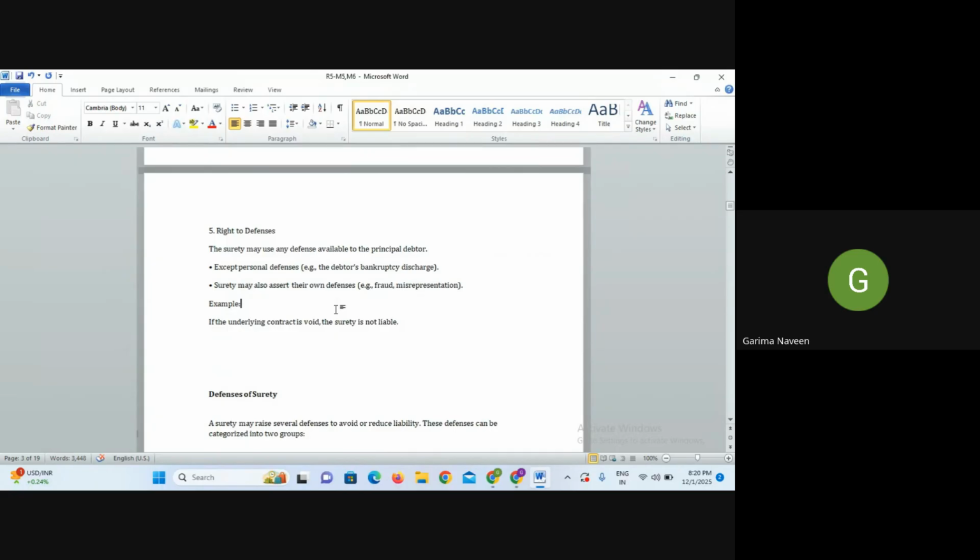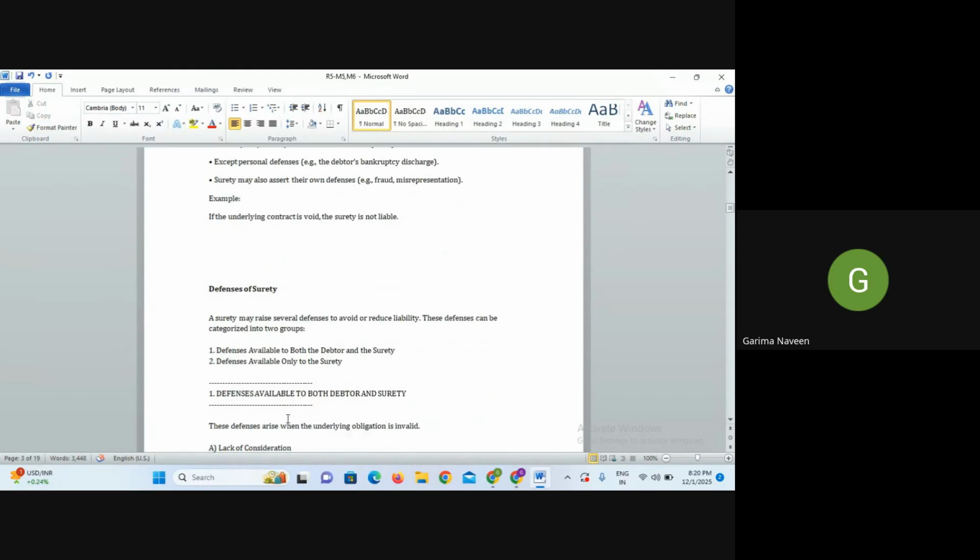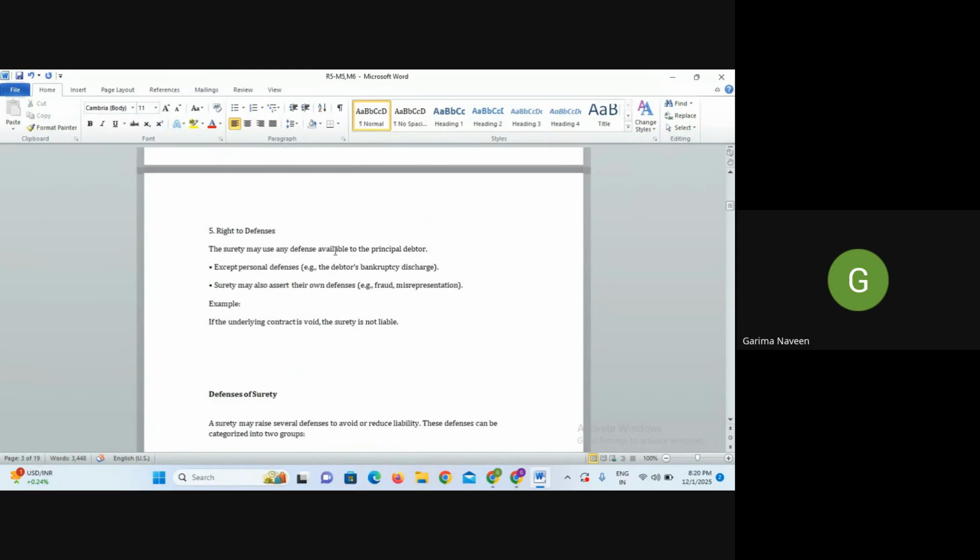They can use various defenses. If the underlying contract is void, the surety is not liable. So what are the defenses that a surety can use, meaning how he can escape from this obligation. There are some defenses which we will discuss in the later slides.